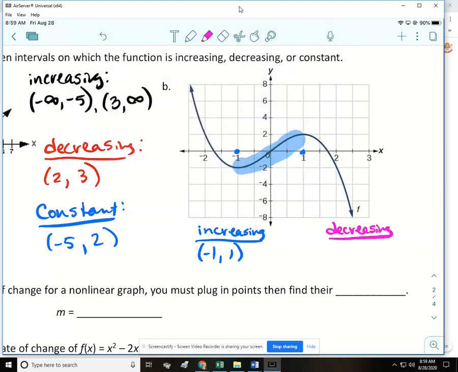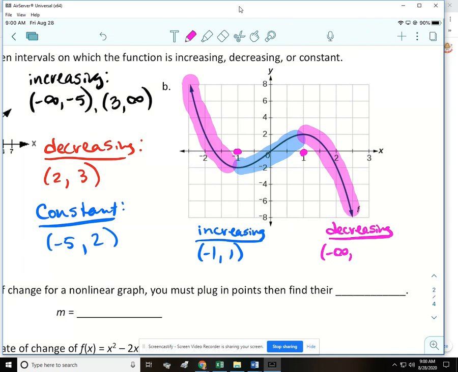All right, this function is decreasing this section to this section. And what we care about, again, are the x values. So this function starts decreasing when it becomes a function, which is as far as you can go to the left. As far as you can go to the left is going to be -infinity.